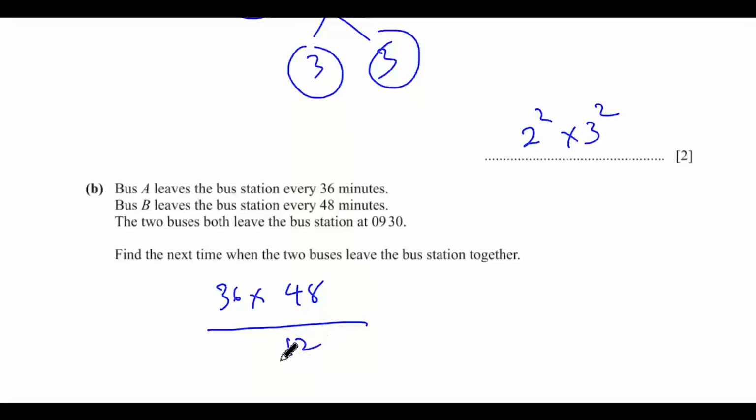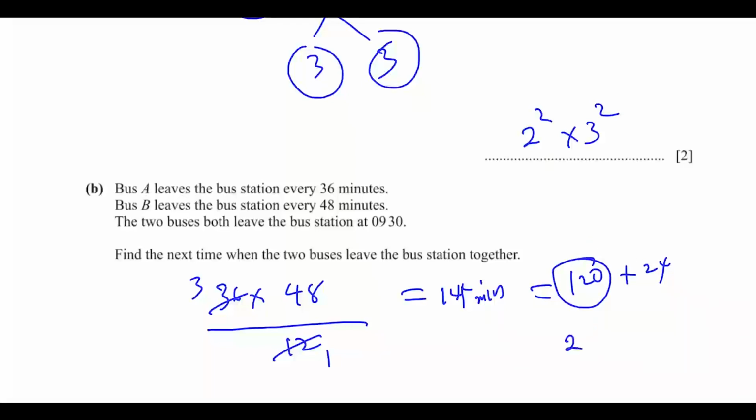So 12 in 36 is 3. Then you can now multiply 48 by 3, so that will give you 144. So 144 minutes, that's 120 minutes plus 24 minutes, so this is 2 hours 24 minutes.